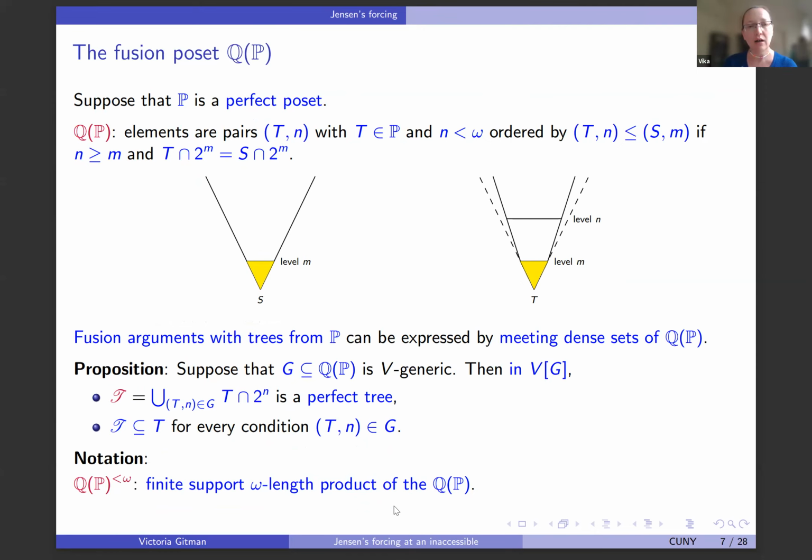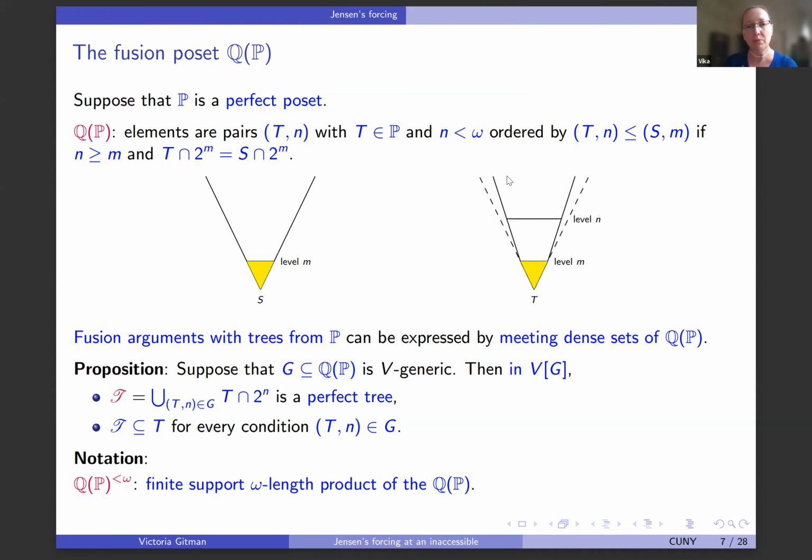If I have a perfect poset P, the fusion poset, I'm going to call it Q_P, has elements which are pairs (T, n), where T is a tree in my poset and n is a natural number referring to a level of this tree, with the ordering that (T, n) is less than or equal to (S, m) if they agree up to level m, and then you can thin out to T after that. So you agree up to level m, and then you can thin out.